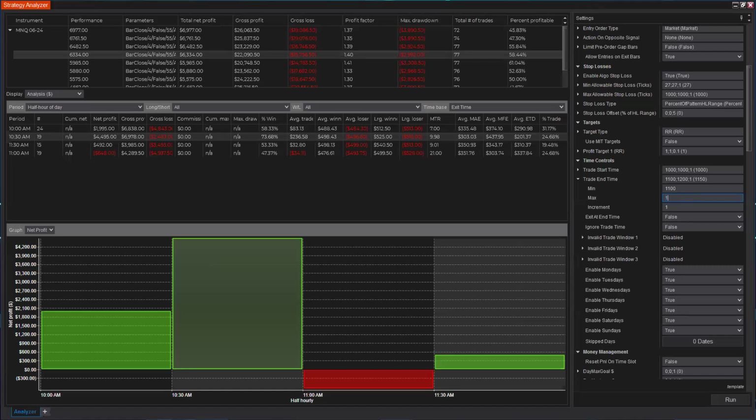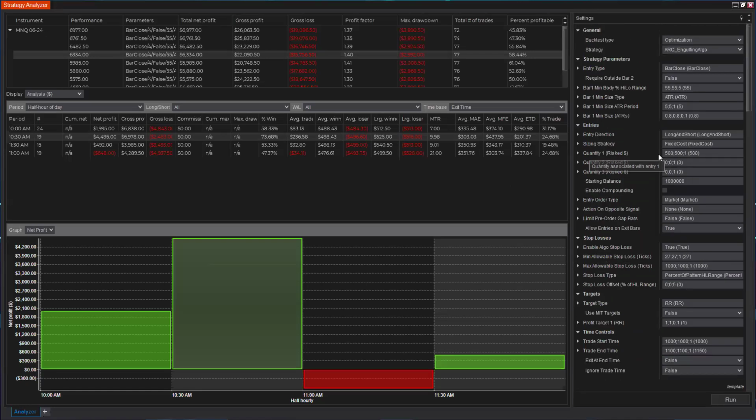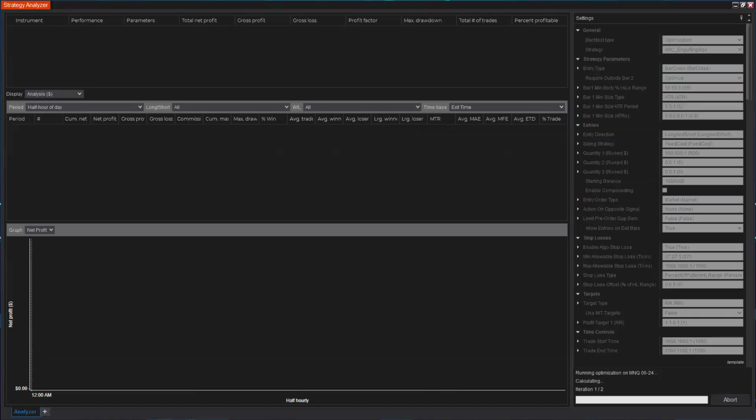Don't do it like that. That's too complicated. So we'll just end it at 11. Let's go back up. Good. Let's optimize for this one because I haven't optimized for that. So require outside body. Let's see.